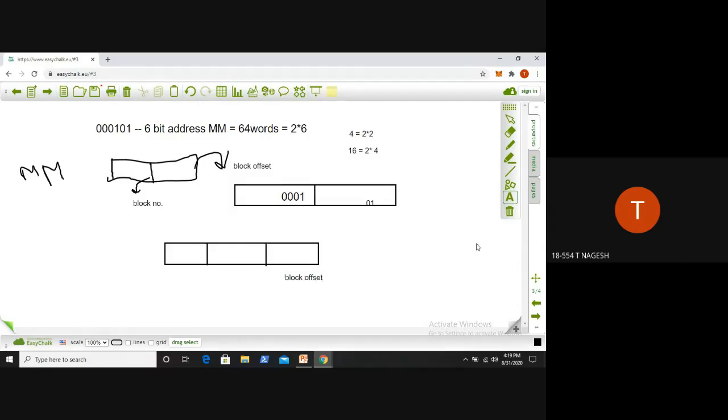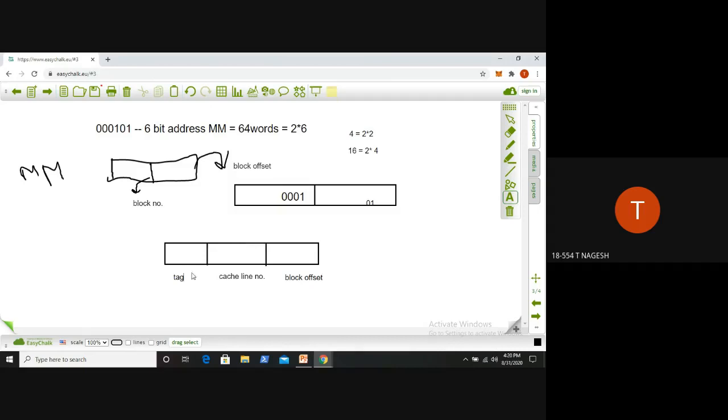This will represent the block offset, and the second part will represent the cache line number, and the third part will represent the tag number.